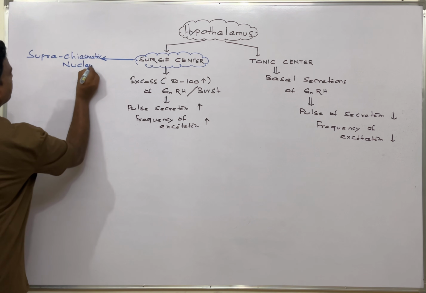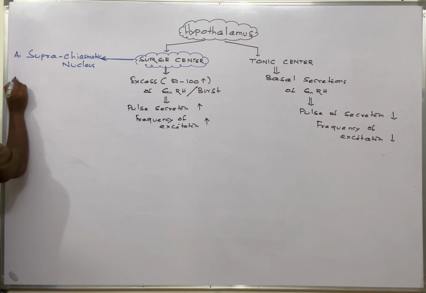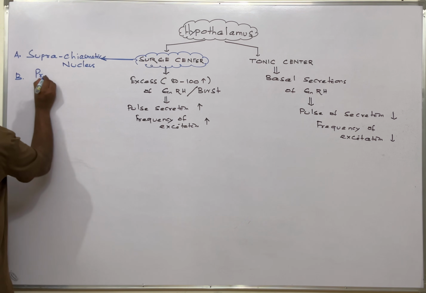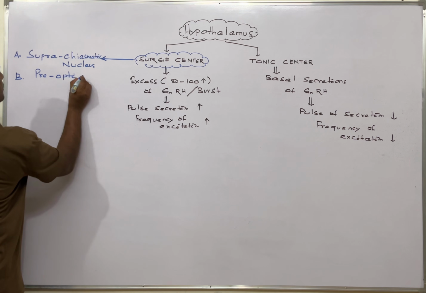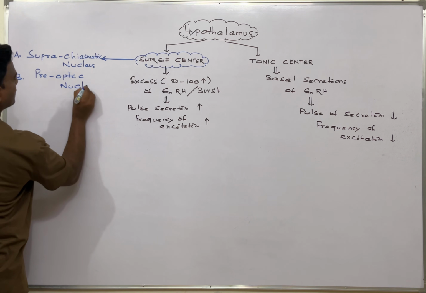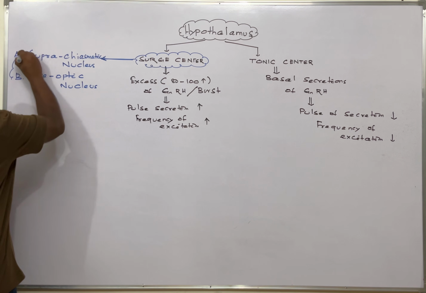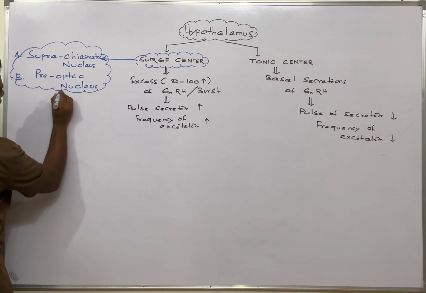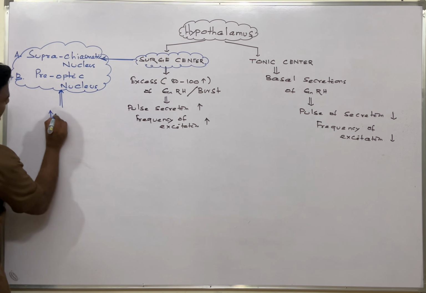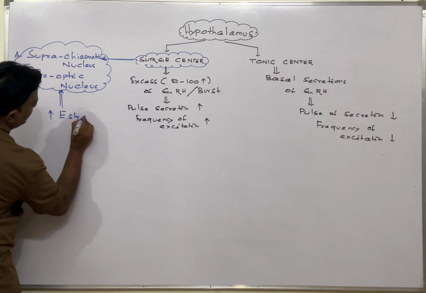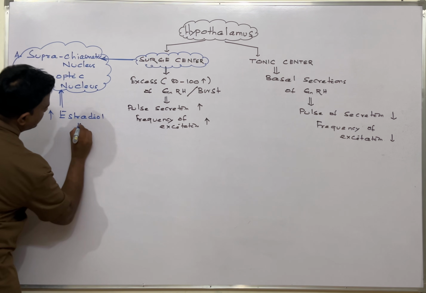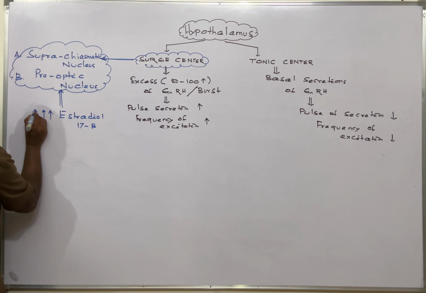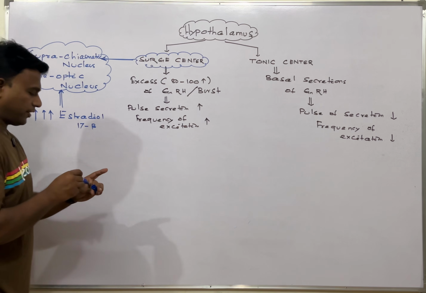This is one, I can say A, and B, the second one is the preoptic nucleus, and these are stimulated by the excessive levels of estradiol 17 beta. This is that point, excessive level. Then only they can be stimulated.